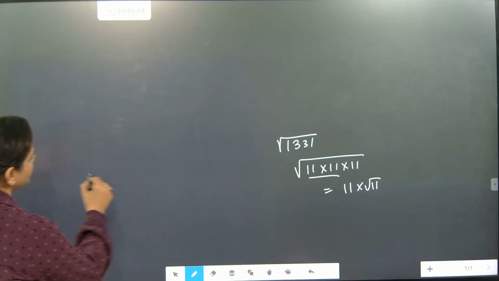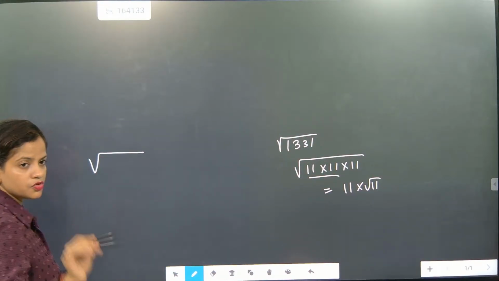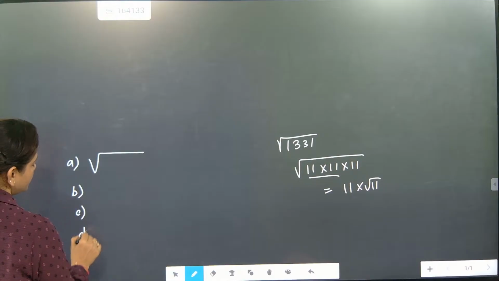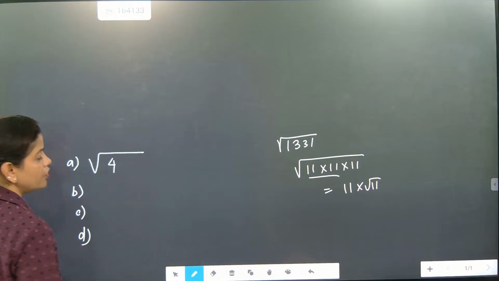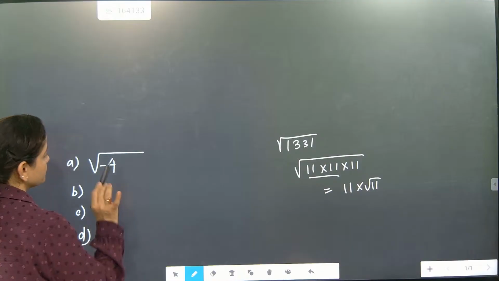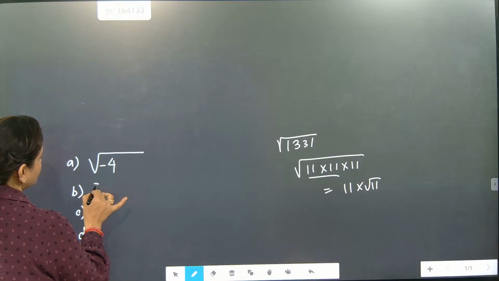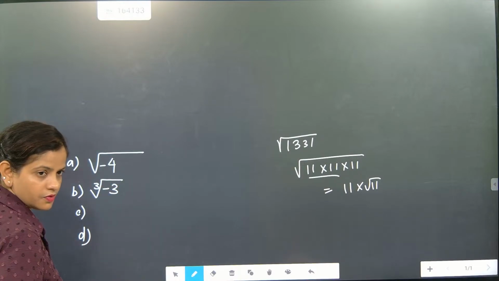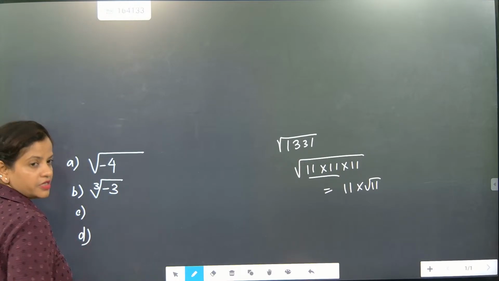Is this number real or not? You need to identify which number is real. Root under 4 is real or not? Root under -4 is real or not? Cube root of -3 is real or not?